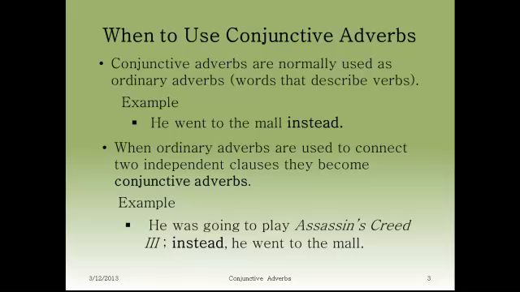But because we connected these two independent clauses with a semicolon and used the ordinary adverb instead, instead became a conjunctive adverb. Notice that when you use a conjunctive adverb to connect two independent clauses, you put it at the beginning of the second independent clause. If we look at our first example, he went to the mall instead, because instead is just an ordinary adverb here, it comes at the end of the sentence.